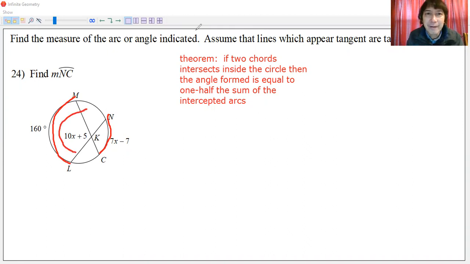So our working equation will be 7x minus 7, this arc, plus the other arc 160, divided by 2.